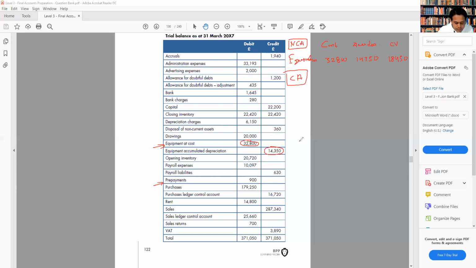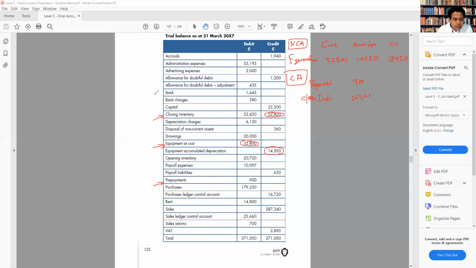So prepayment, 900. And then we have closing inventory here. So let's have a look. Where is the closing inventory? Closing inventory, 22,420.